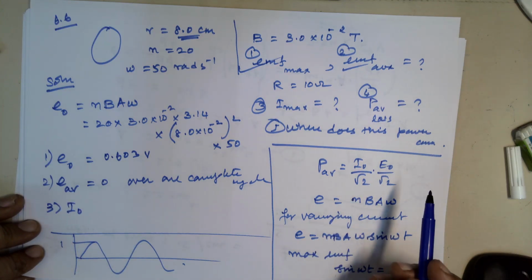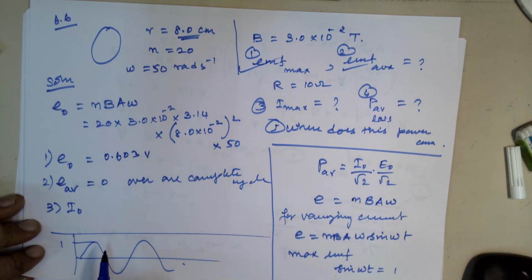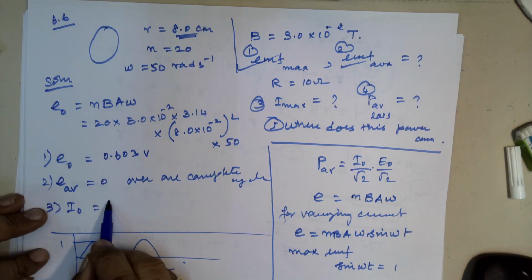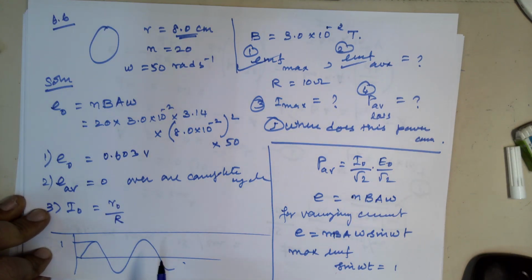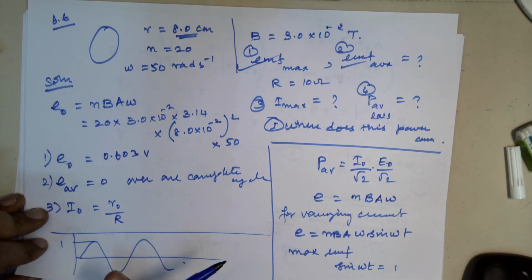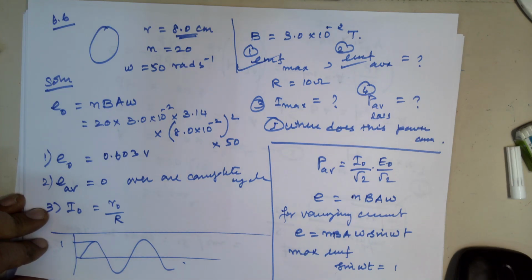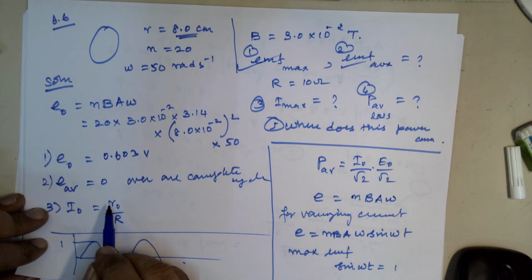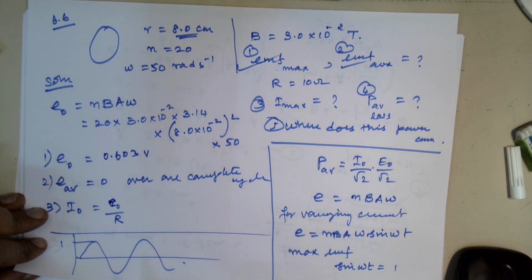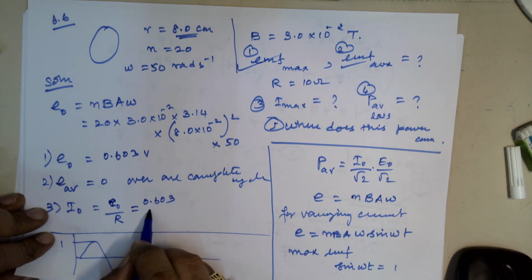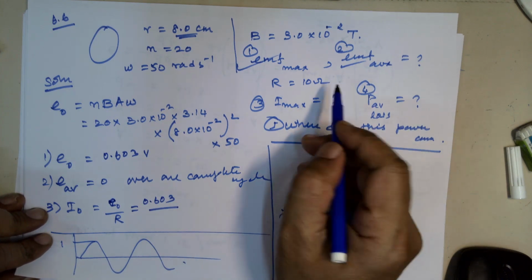I naught is equal to E naught divided by capital R. What is the E naught value? 0.603 divided by the resistance, which is given as 10 ohms.